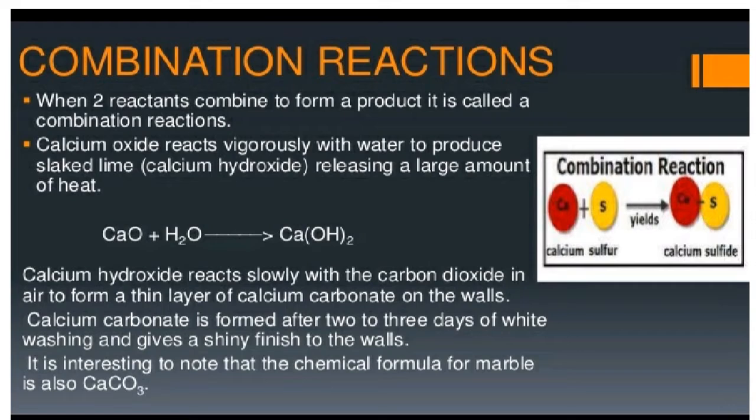Here I am giving you an example of combination reaction between two compounds. The two compounds are calcium oxide and water. When they both combine, they result in the formation of another compound, that is calcium hydroxide.